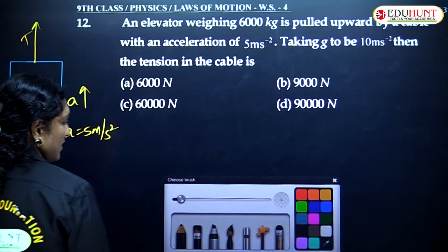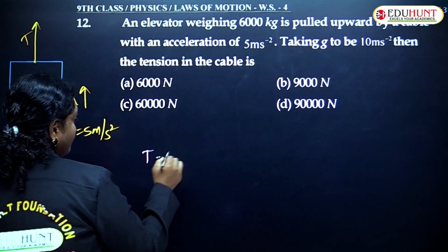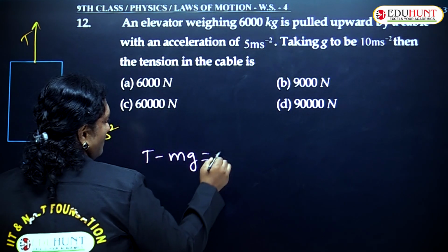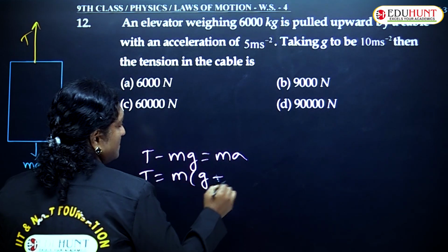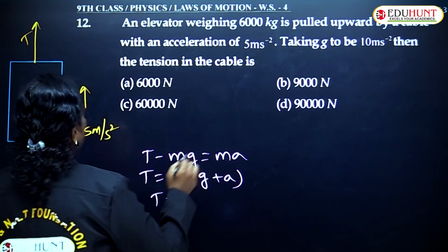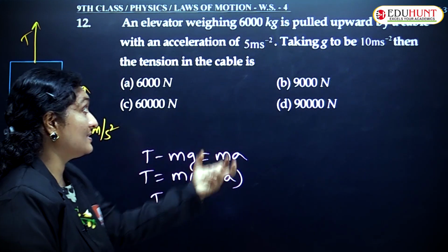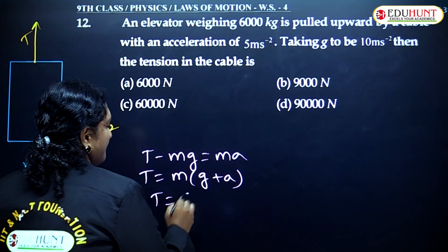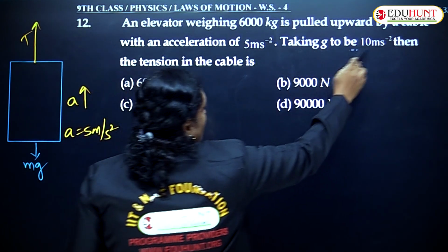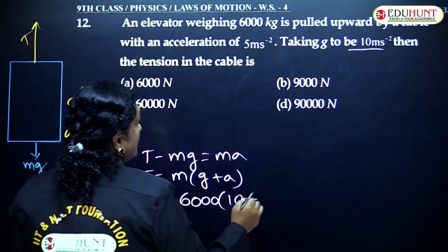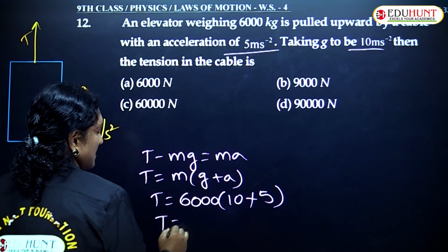As it is an upward motion, we can write the equation of motion as T minus mg equals ma, or T equals m into g plus a. So what is the mass, children? The mass is given as it is, the cable is pulling 6000 kg. So 6000 into g, you are asked to take it as 10 meter per second square, and the acceleration was given as 5 meter per second square.